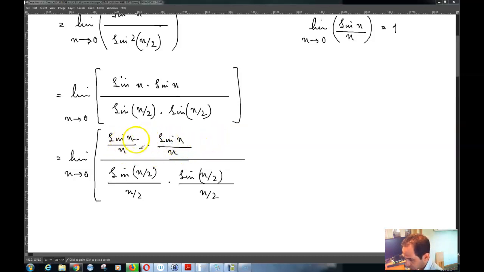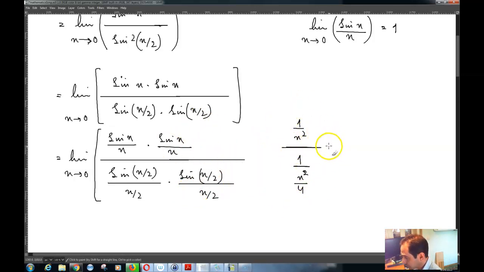I have multiplied by the numerator 1 over x squared, and I have multiplied by the denominator 1 over x squared by 4, so I have to take that out.